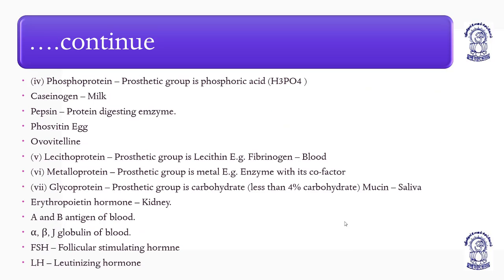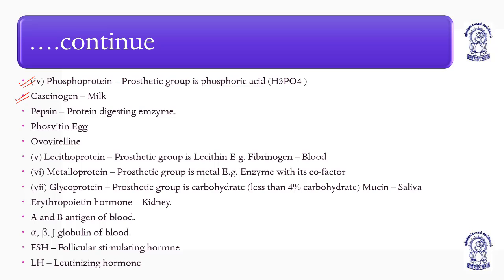Phosphoprotein. Phosphoprotein has phosphoric acid, H3PO4, as a prosthetic group. Example, casein, which is present in milk.